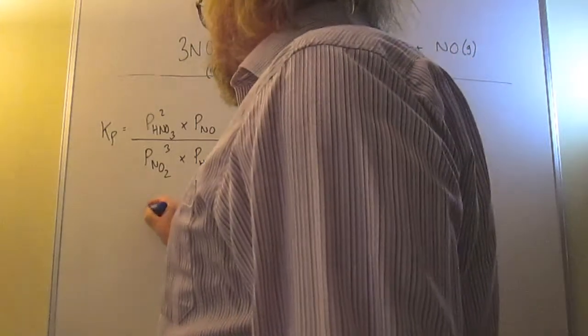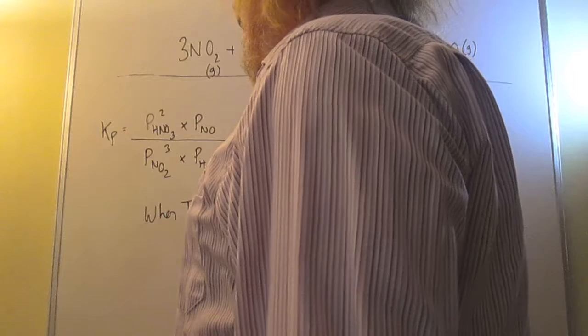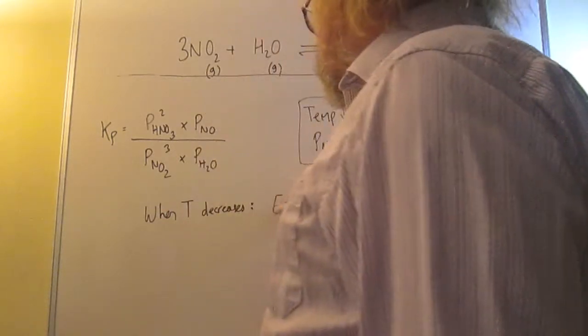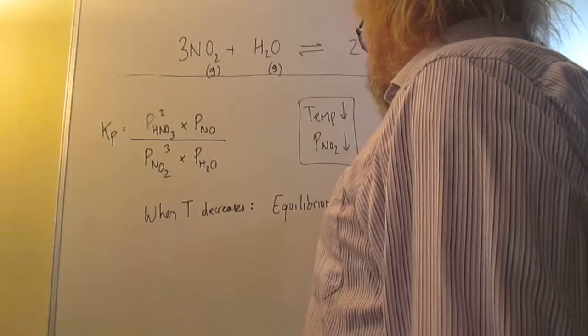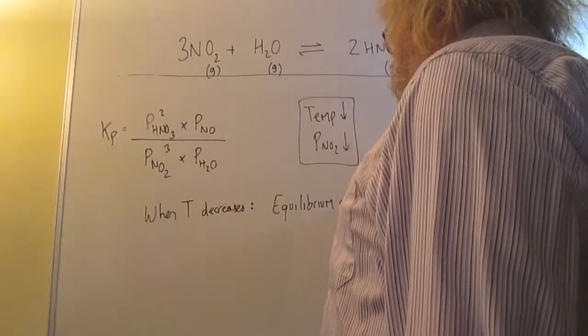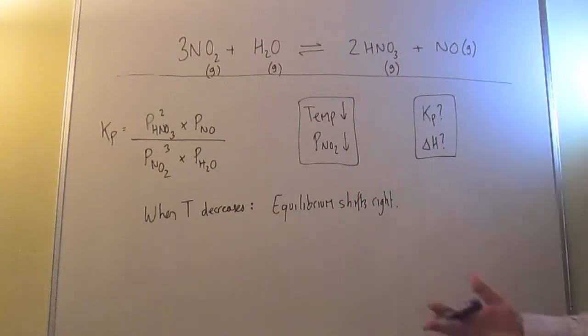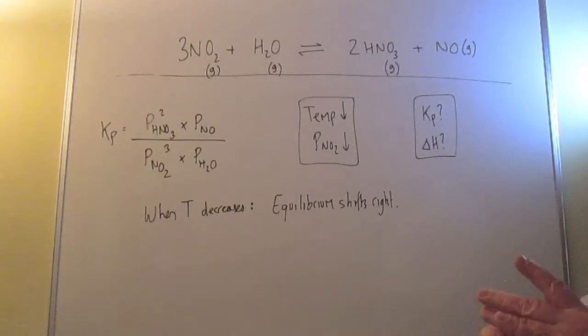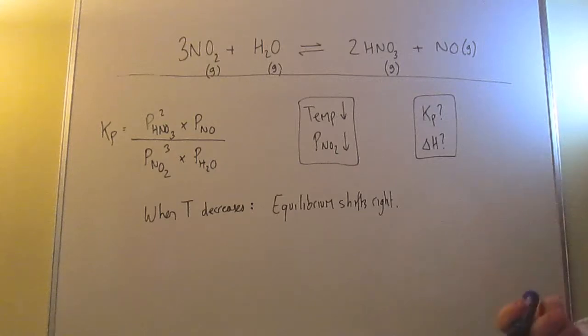So when the temperature decreases, the equilibrium shifts to the right. What Le Chatelier tells us is that the equilibrium will shift in the direction that opposes the change. And the way you oppose a decrease in temperature is to try to raise it up again by giving out heat. And that means you're going to shift in the exothermic direction.